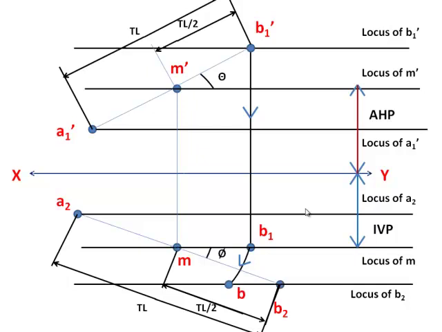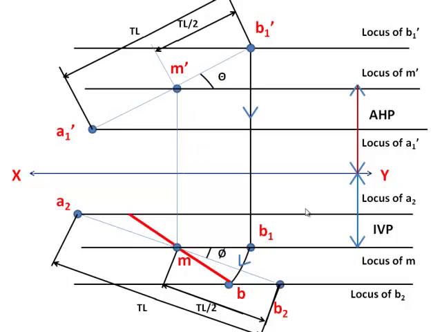Okay. Any students who can say how to get A? It's similar to B to A2. Join B to M, then join B to M where A should be. It should lie on the same line. Yes or no?